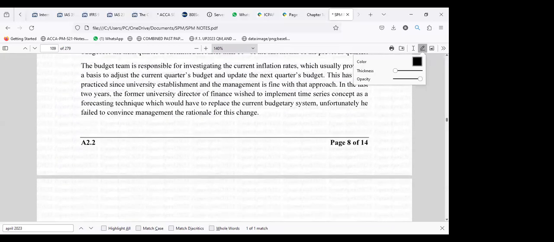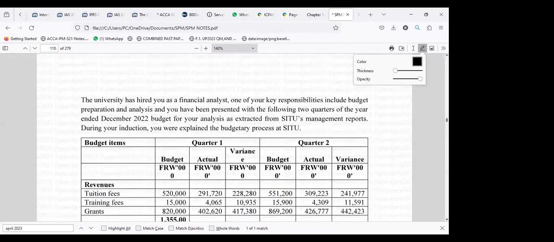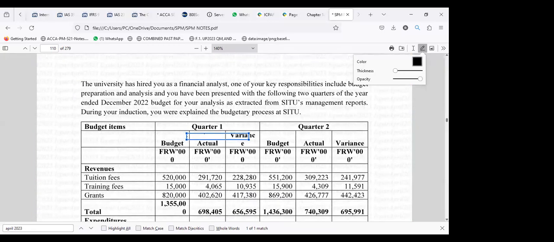And even from the statement given, there is a budget, there is actual, there are variances already computed. So all you need is to talk about the differences which exist, which are the variances between the actual and what was planned. And then from there, you look at what it could be or what it may really entail.